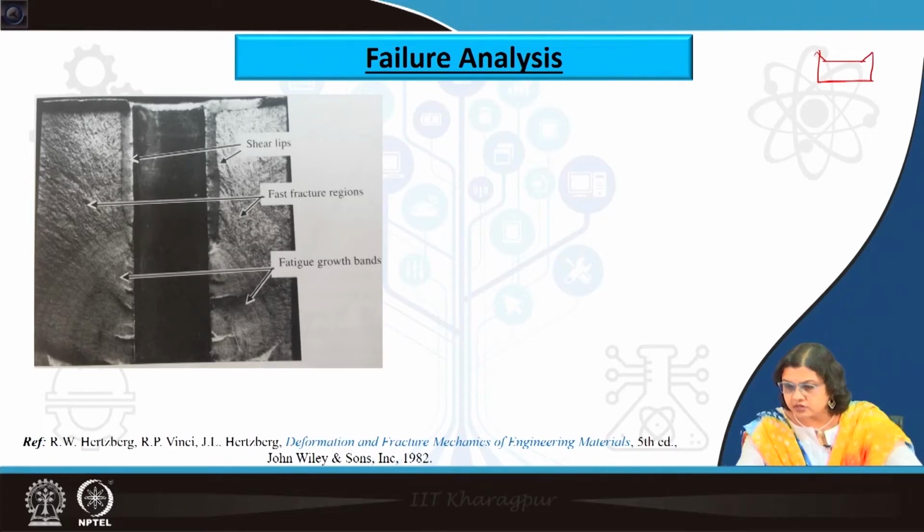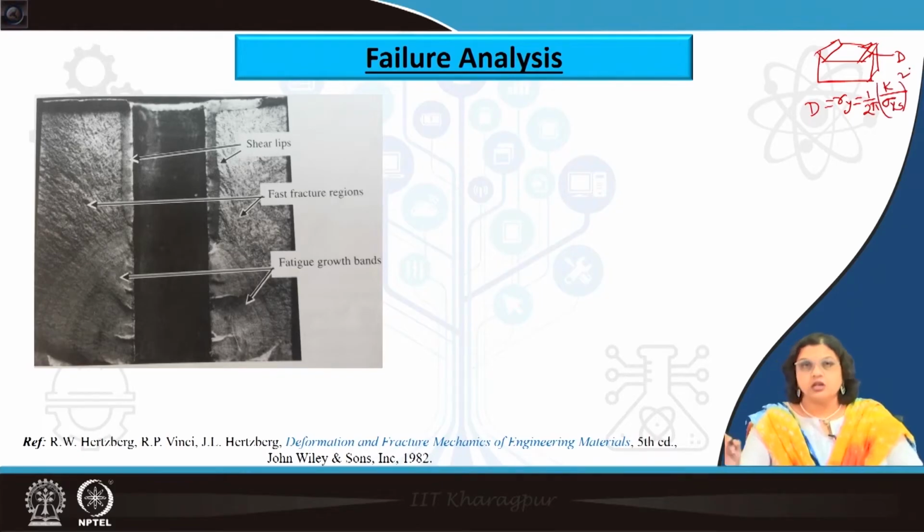So, if this is the shear lip width, which typically occurs because of the plane stress condition, we can determine the shear lip width, and this is nothing but equivalent to the plastic zone size under plane stress condition, and that is given by d equals r y, which is 1 by 2 pi into (K by sigma yield strength) squared.